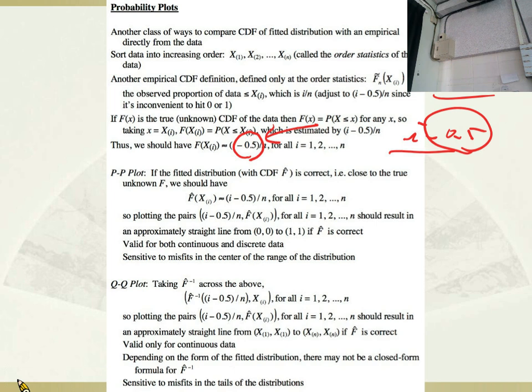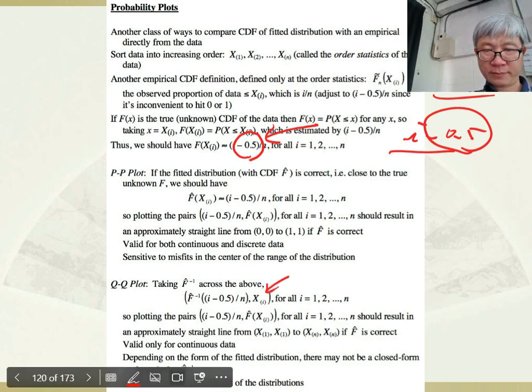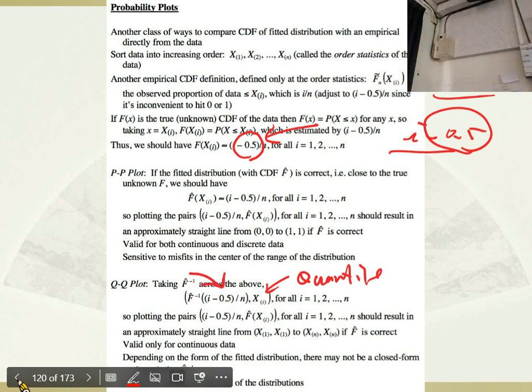An inverse function here gives a quantile, and likewise this is a quantile. The first quantile comes from the empirical one, but the second quantile comes from the fitting one. So we have two quantiles from different sources serving as a pair. And plotting all the pairs, we have a QQ plot.